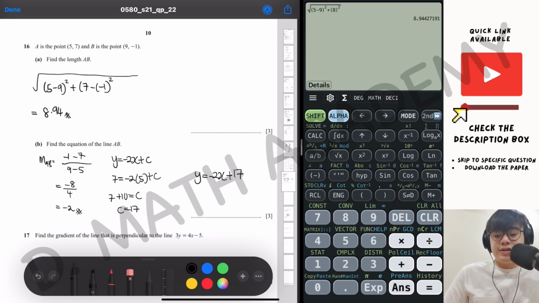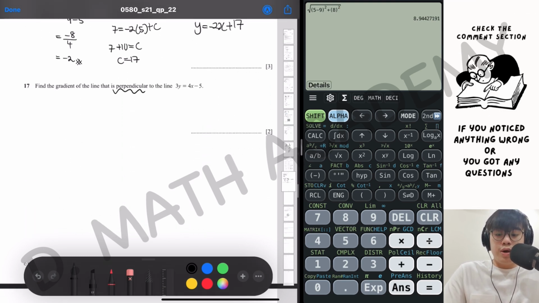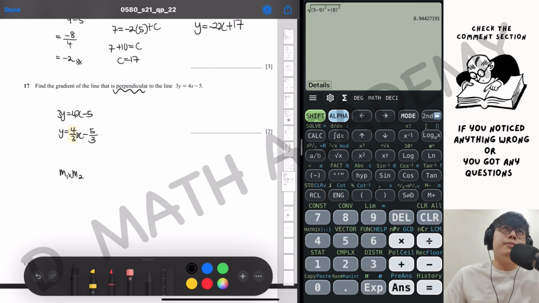Question 17, the keyword here is perpendicular. Before I proceed with my calculation, there's one thing that I will do to this equation here, which is get rid of the 3 first. So everything on the other end will be divided by 3. And take this gradient here that they showed us. Remember the formula m1 times m2, I call it m original times m new equals -1.